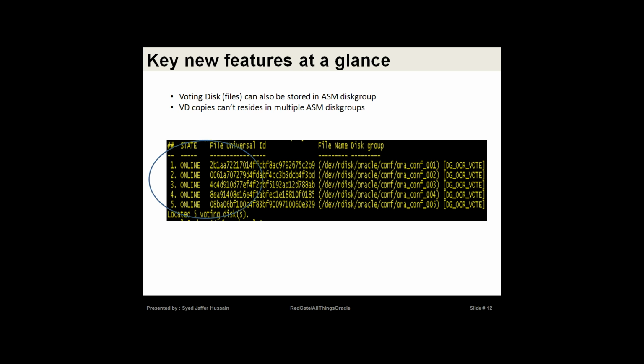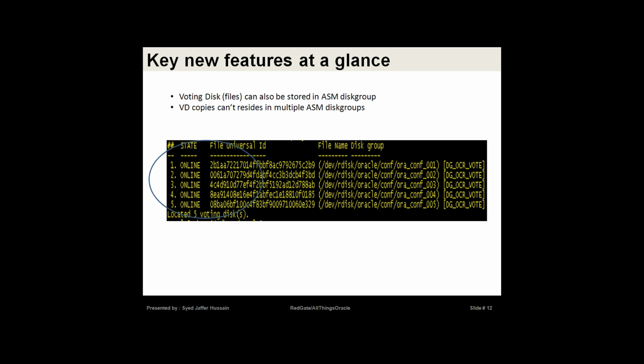With 11g Release 2, you can store the voting disk in an ASM disk group as well. But if you compare with the OCR, which can be stored in different disk groups, whereas the voting disk has quite a few limitations.